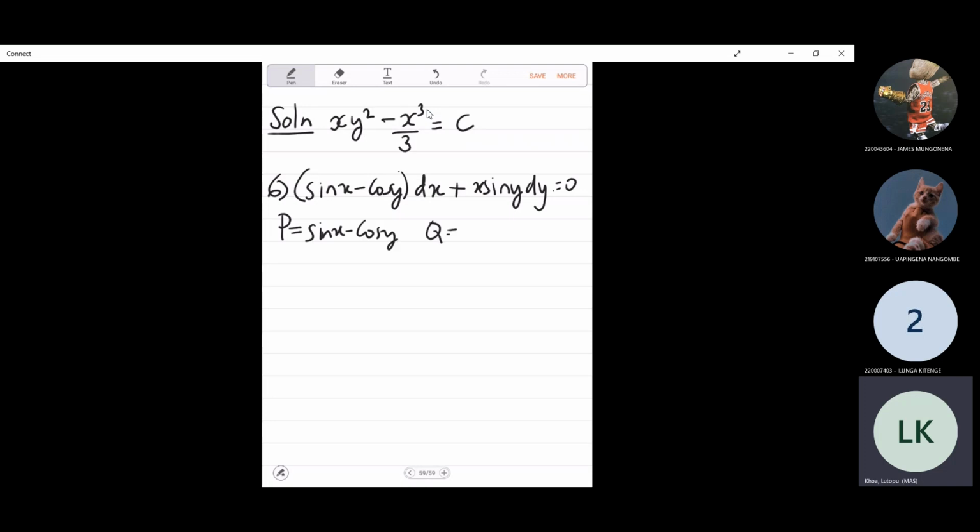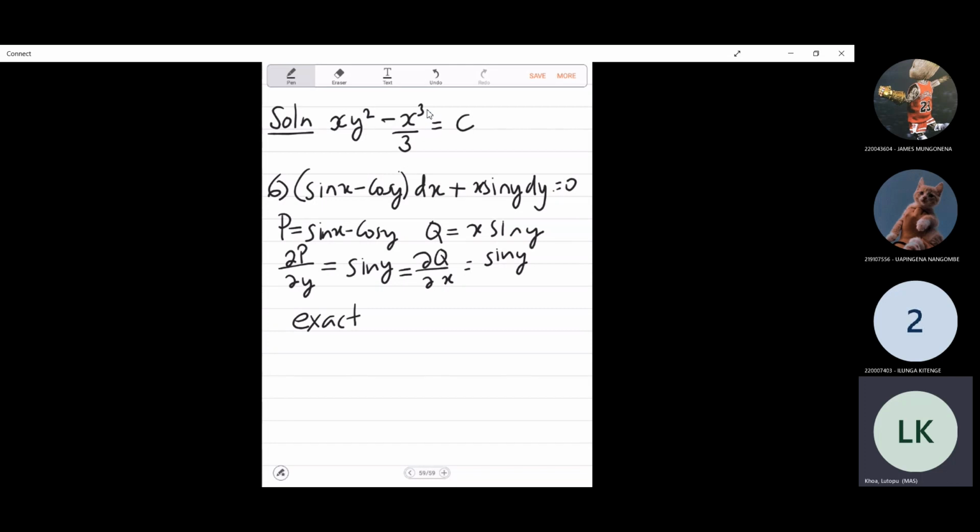Q is x sine y. Okay, differentiate dp dy. This is equal to sine y. And then dq dx. This is also equal to sine y. So we can see these two are equal. Therefore, our differential equation is exact.